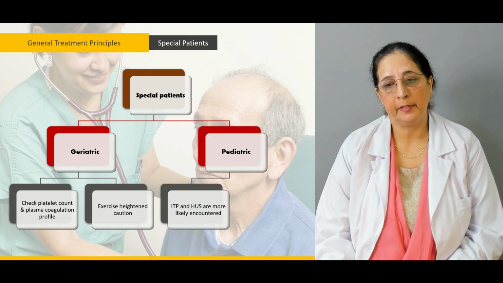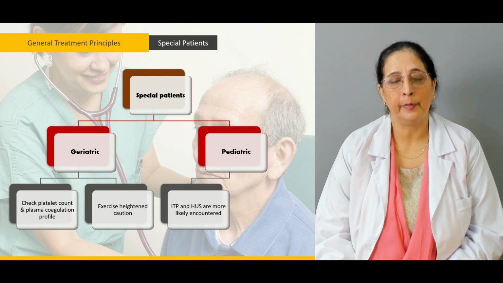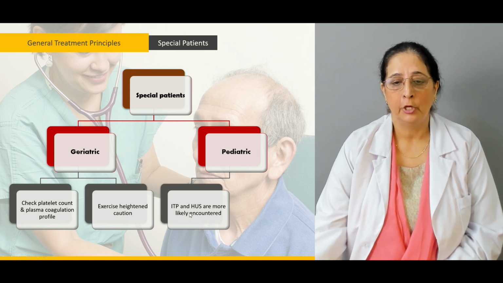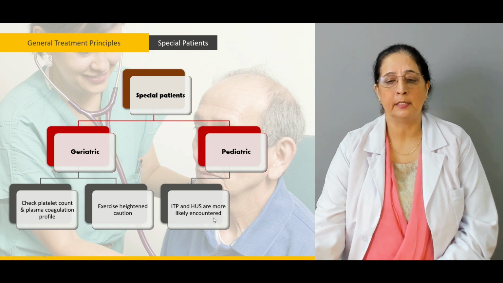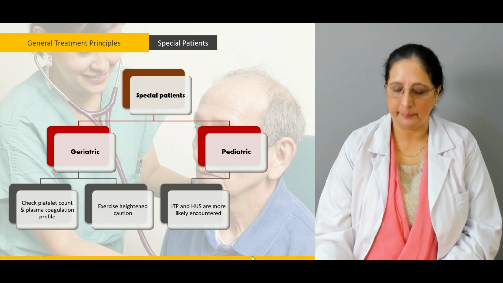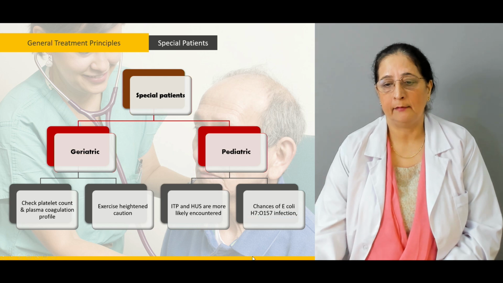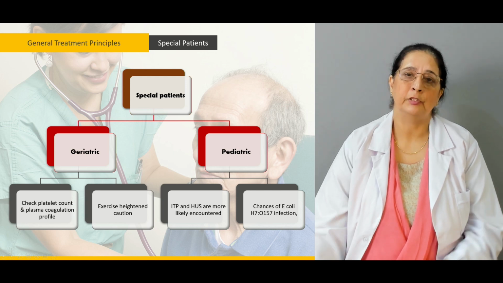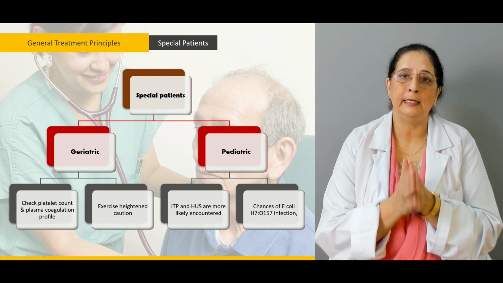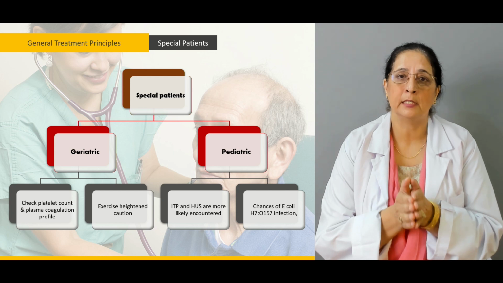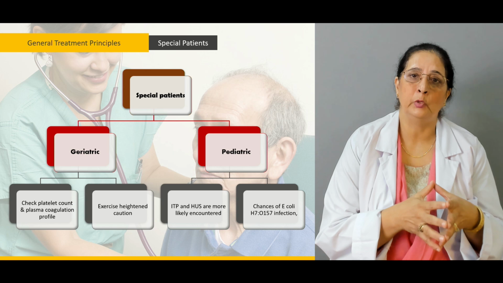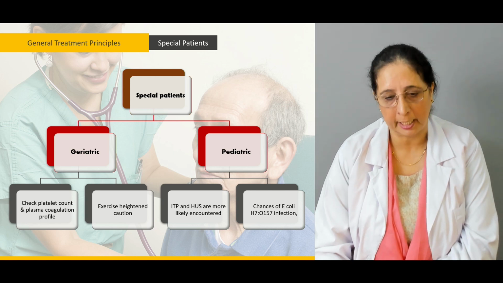In pediatric patients or children, idiopathic thrombocytopenic purpura and hemolytic uremic syndrome are more likely present, and there is a chance of E. coli O157:H7 infection. So E. coli infection mainly causes hemolytic uremic syndrome, and that's the common cause of acute bleeding in the pediatric age group.